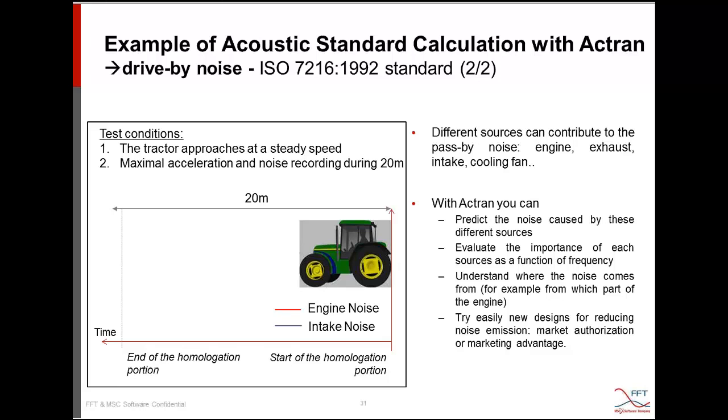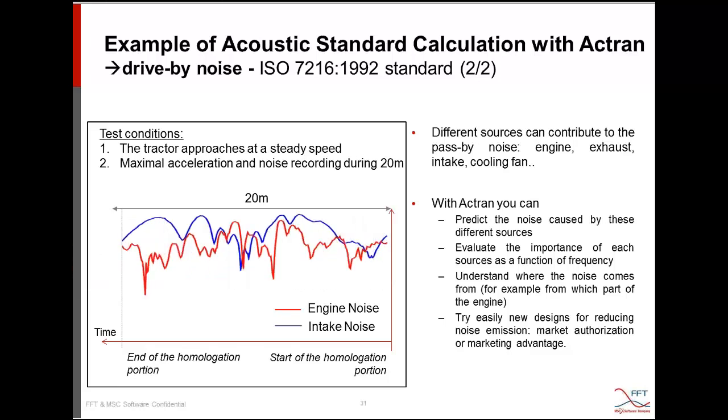By looking more accurately at the drive-by noise, it appears that different sources can contribute to that exterior noise. The engine, the exhaust, and the cooling fan, for example. But the intake noise can also be more important than the one coming from the engine, as you can see on this animation.